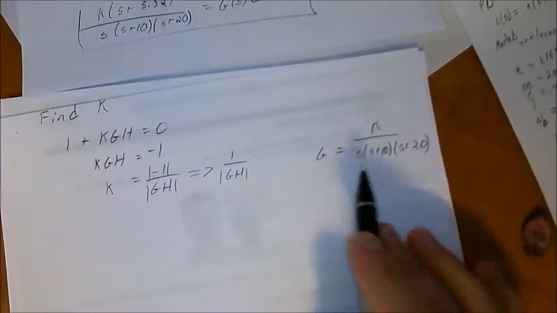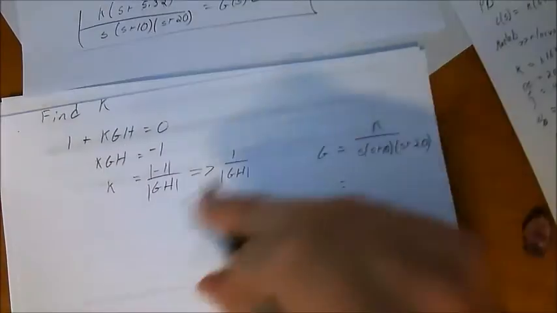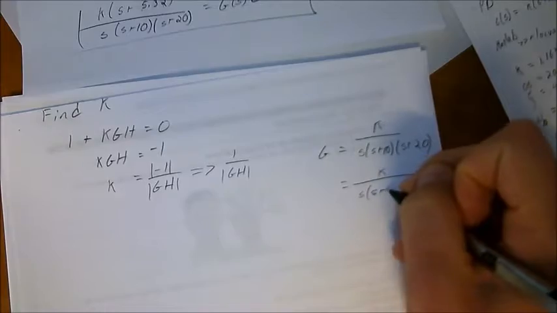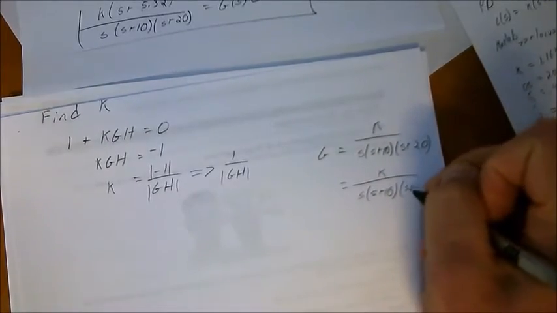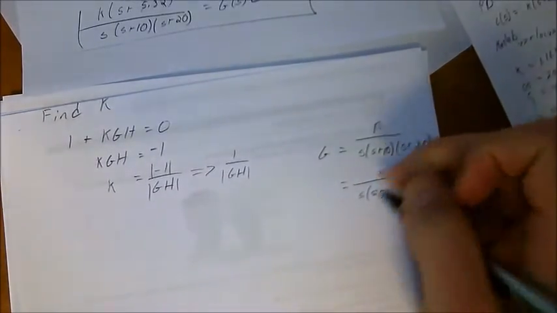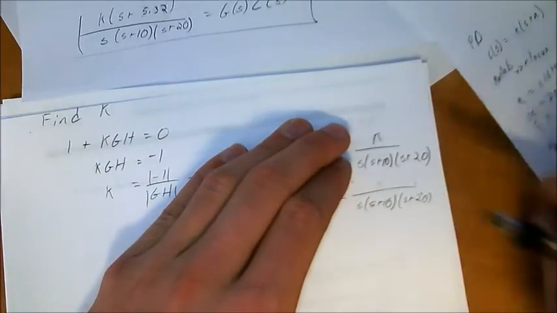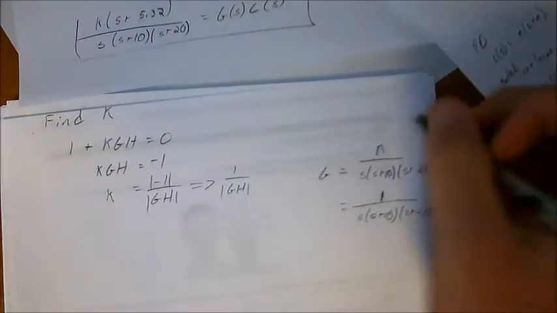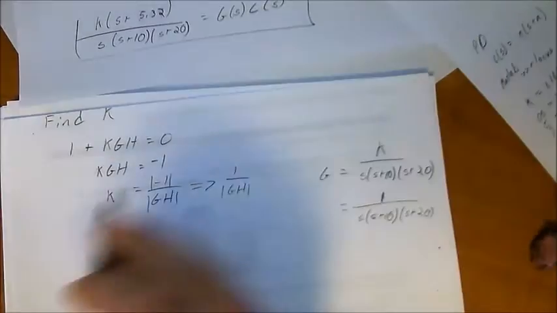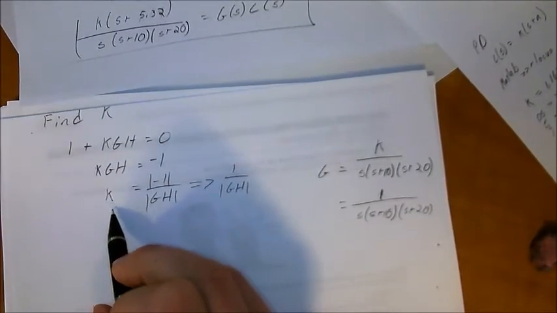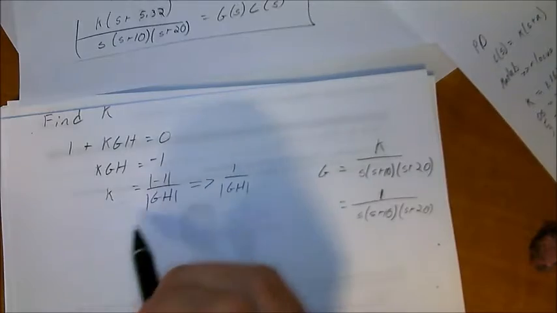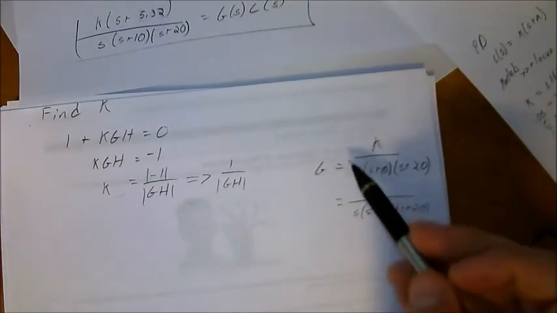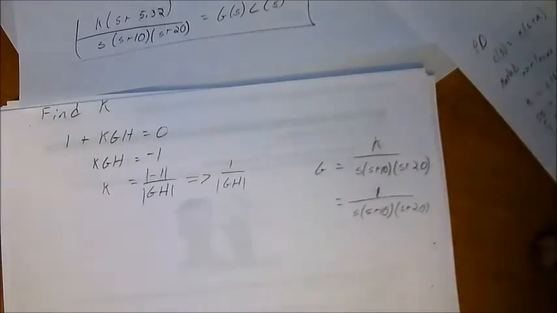And you can actually change this since we have a K taken out. 1 all over s of s plus 10, s plus 20. Oh, no, not K. 1, right there. So this K we just factored out by dividing this piece over here, because this was the open loop system that you multiply all around. If you divide by G, then you leave the K behind, and you'll have a 1 there.